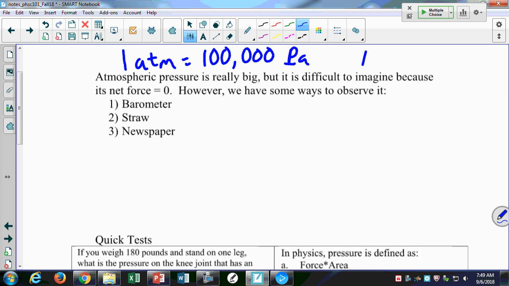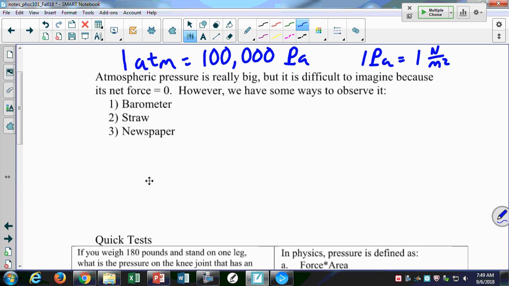And remember a Pascal, we defined this early on, is equal to 1 Newton per square meter. So it is the SI unit for pressure. So when you're sitting right where you are, there are 100,000 newtons per square meter acting on your body.